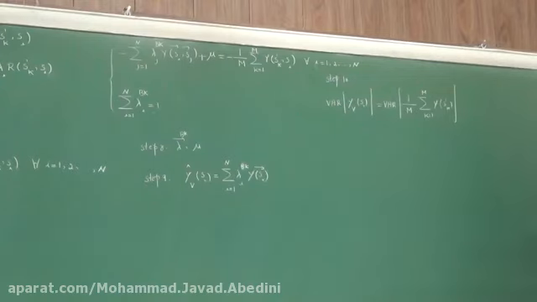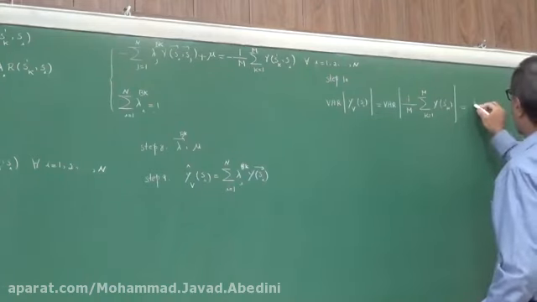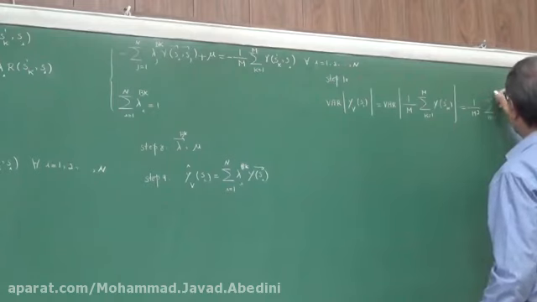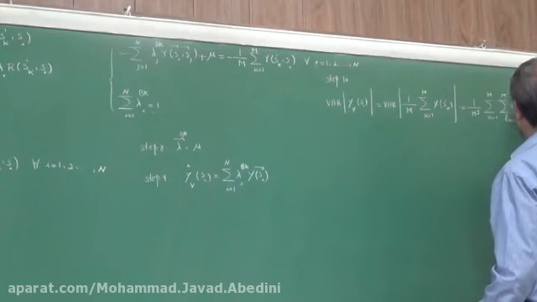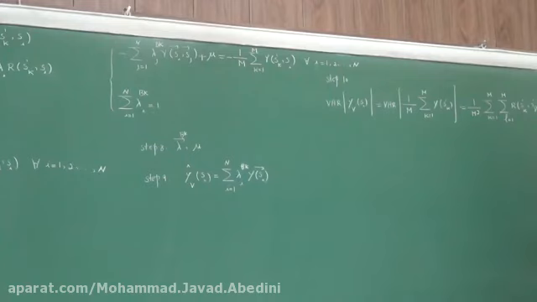And this is a linear combination. 1 over m square, double summation k from 1 to m, summation l from 1 to m, r sub s prime k s prime l. Okay? That's going to be variance of true value for y over block V indexed at S0.